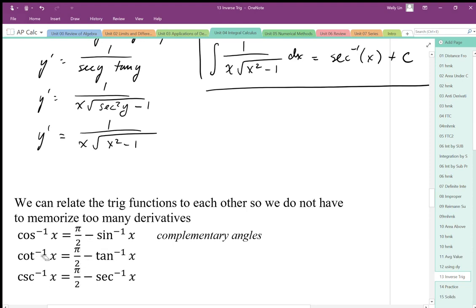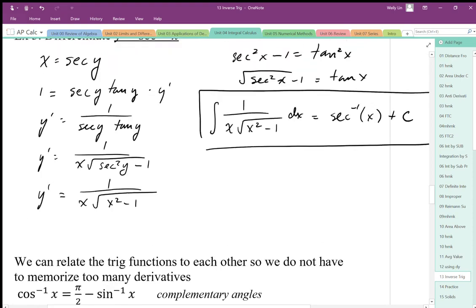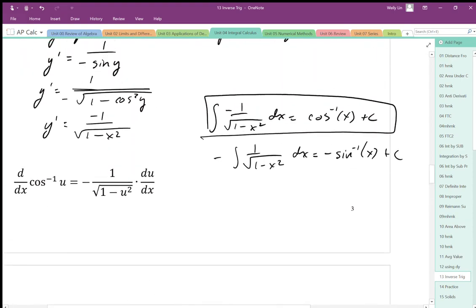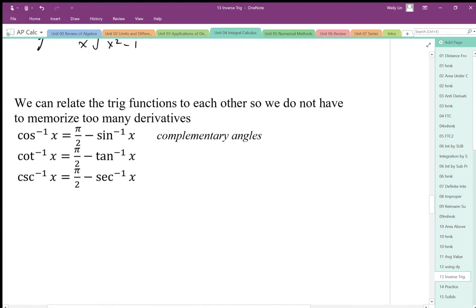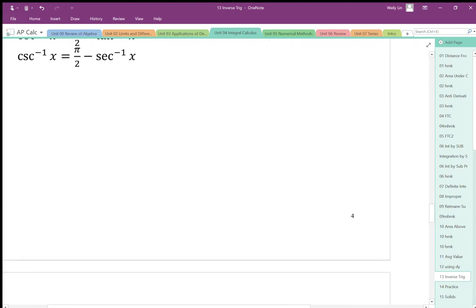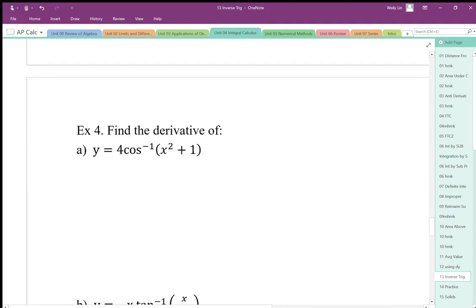So the derivatives of those are equivalent, except one is negative and the other one would be positive. Okay, these are how complementary angles are related. And we saw that here with the inverse cosine function. It really was just the same as the inverse sine function, but negative. So that helps us not have to worry about a whole bunch of different integrals.